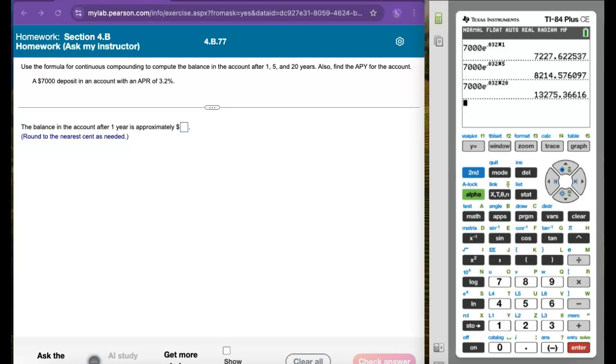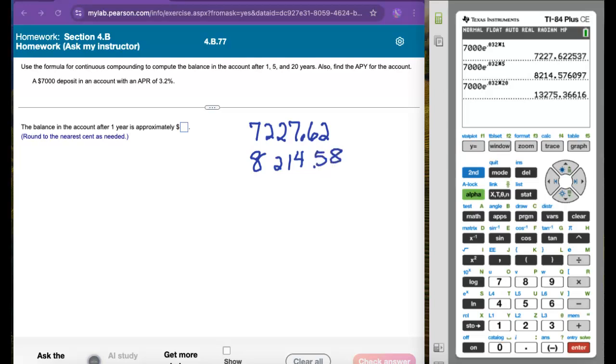Okay, so let me see if I can jot these answers down for us real quick. In 1 year, it was 7,227, and it's asking us to round off to the nearest cent. So that's 62 cents. That's for 1 year. For 5 years is 8,214 and 58 cents.